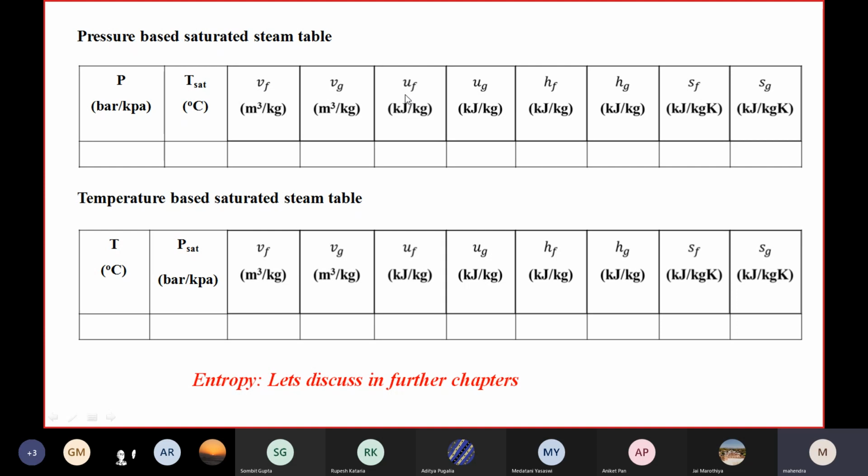Then there is the specific internal energy of saturated liquid and of saturated vapor, then the specific enthalpy of saturated liquid and of saturated vapor, and these two are entropies. In this chapter we are not going to touch entropy; whenever the entropy chapter comes, we will see it.